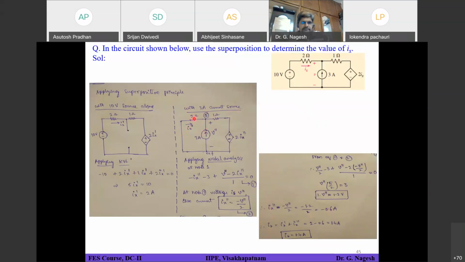Ix double dash is shown from left to right. And Ix dash is flowing 2 amperes from left to right. But the net will be 2 plus of minus 0.6, so it will be 2 minus 0.6. So it will be 1.4. Is it clear?